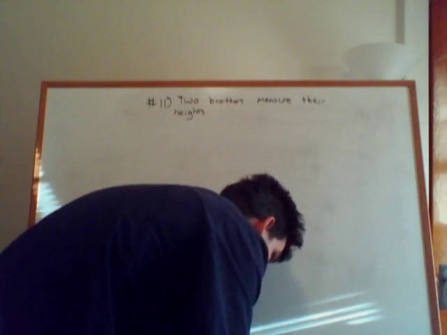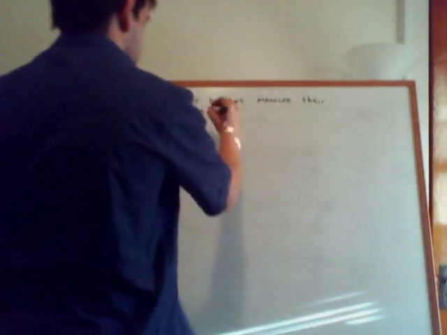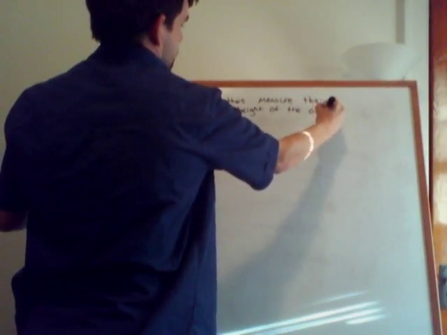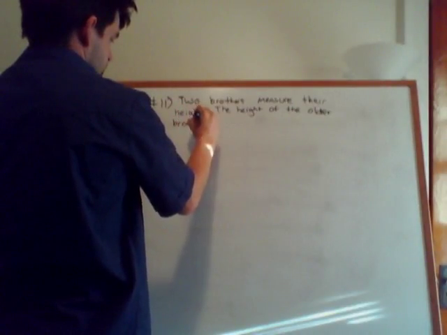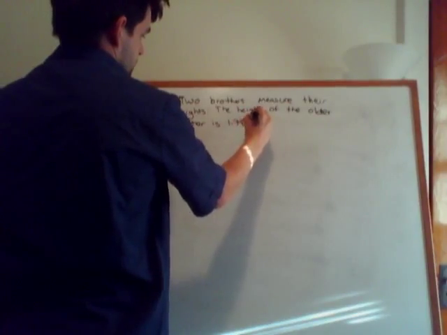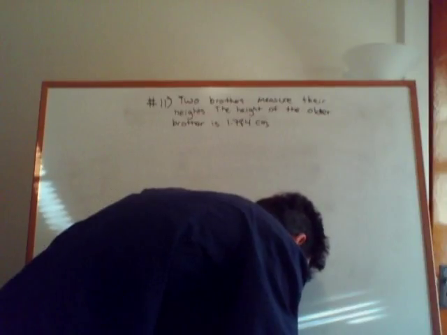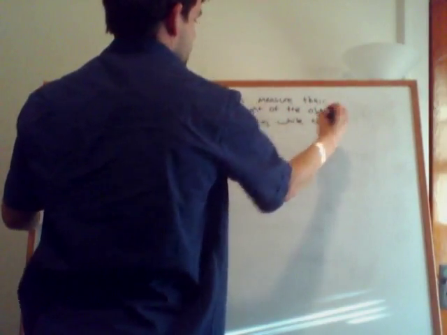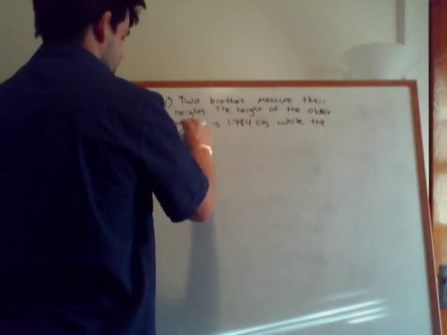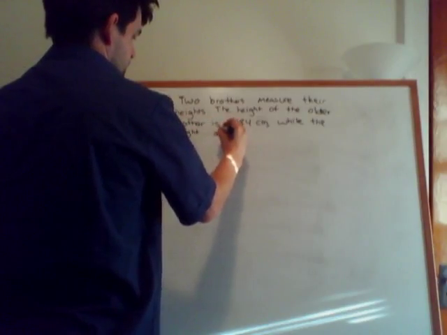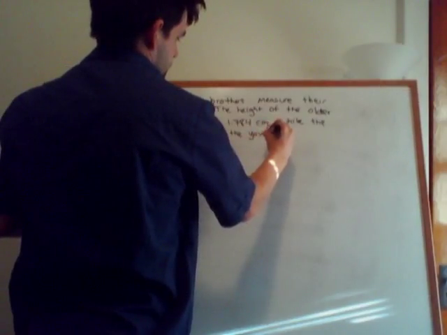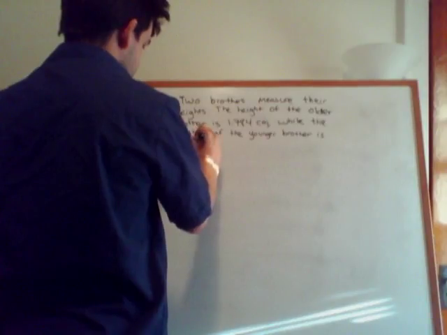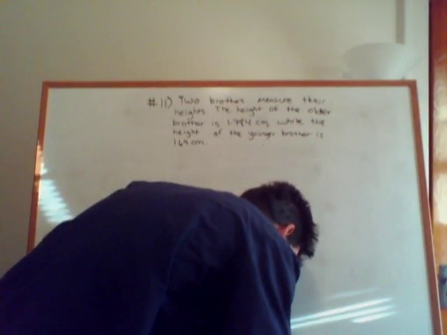The height of the older brother is 1.784 centimeters, while the height of the younger brother is 1.69 centimeters. And then it asks, what is the height difference between them?